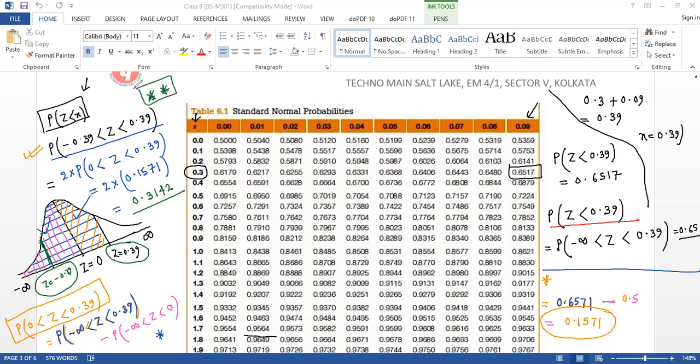This is a simple problem that I have done over here. My objective is to show you how to take the help of the area property, or the property of the normal curve, or we can take the help from the table to calculate various probabilities with respect to a given problem. So you see, in this particular problem, the question of doing calculation with the help of calculus or integration is not coming into the picture.